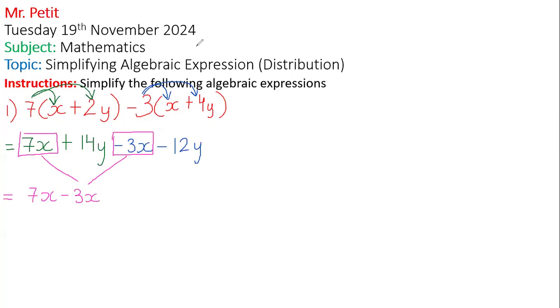And then we have to group the y's. We're gonna say positive 14y and negative 12y. So we group them together. And so we have positive 14y minus 12y. Very good.